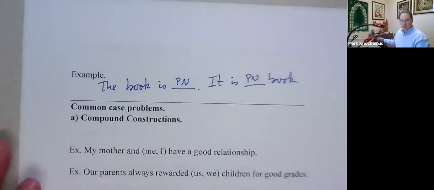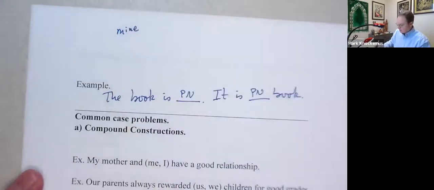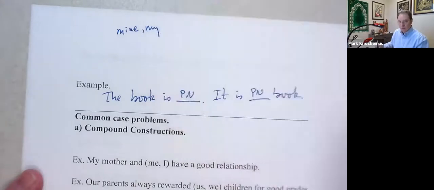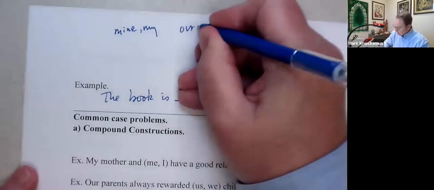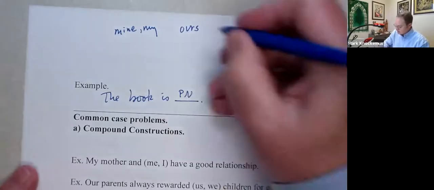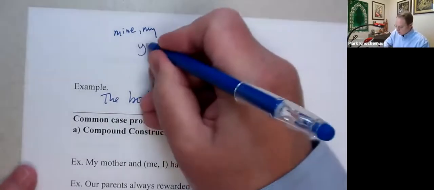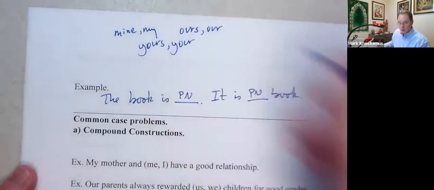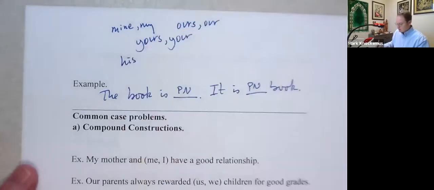You wouldn't say the book is I. You would say the book is mine. It is my book, right? Make it plural. The book is ours. It is our book. The book is yours. It is your book. The book is his. It is his book.